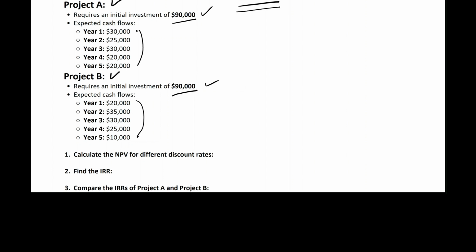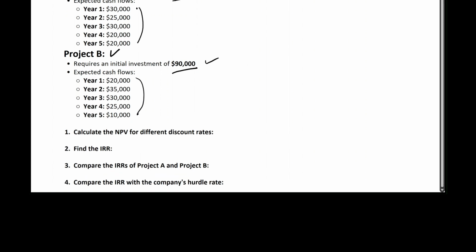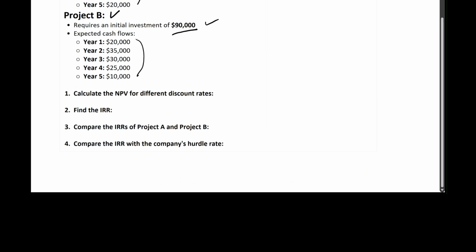Now, in the course of this project, we're going to talk about net present value, and obviously the internal rate of return that we need to know. Once we determine the internal rate of return, we're going to compare both rates for project A and B to determine which one is higher.